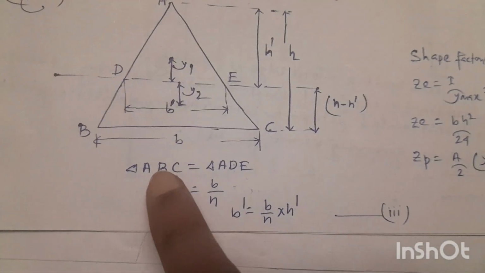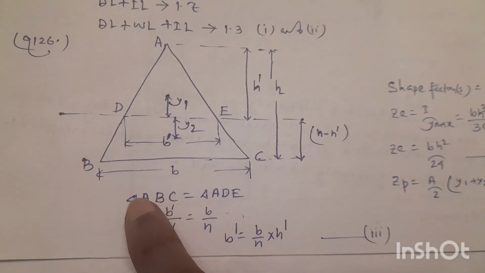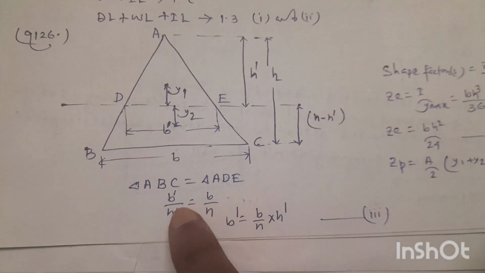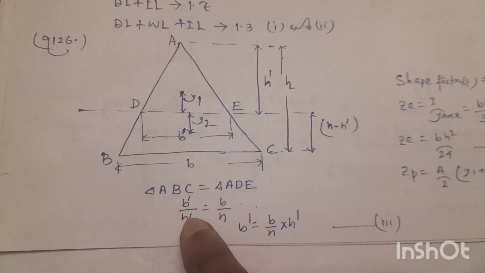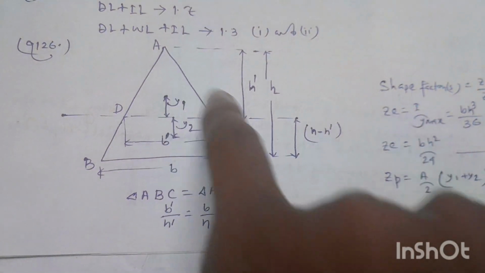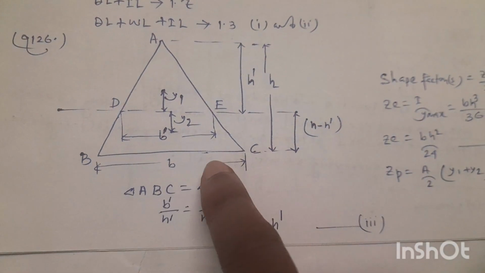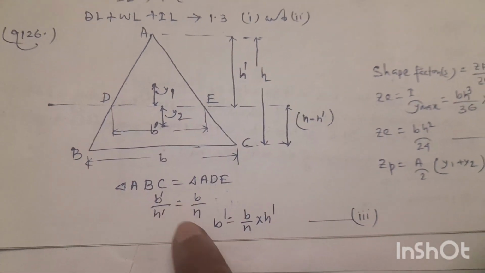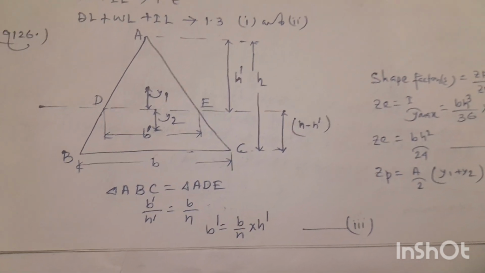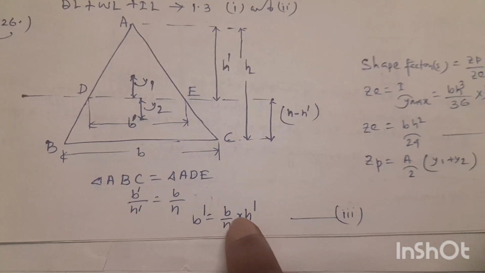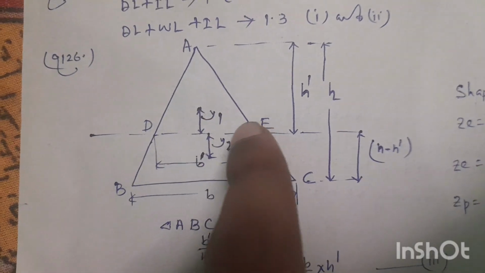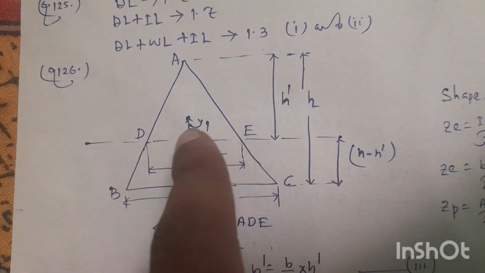We can also say triangle ABC and triangle ADE both are similar, so we can write B dash by H dash. B dash is the width of triangle ADE and B is the width of triangle ABC. So B dash divided by H dash equal to B by H, and from here B dash equal to B by H into H dash. We also know that this is the plastic neutral axis.